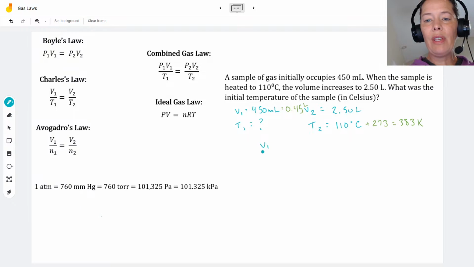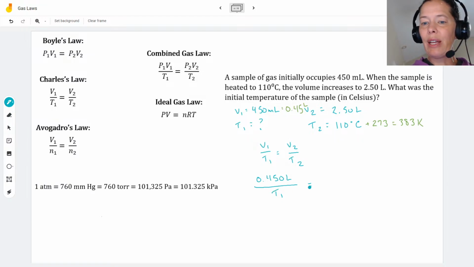So we have V1 over T1 is equal to V2 over T2. So our V1, again, remember we converted to liters. And you will get the same answer if you convert this 2.50 liters to milliliters. Again, it doesn't matter. This is T1. That's what we're trying to find. And our V2 is 2.50 liters.